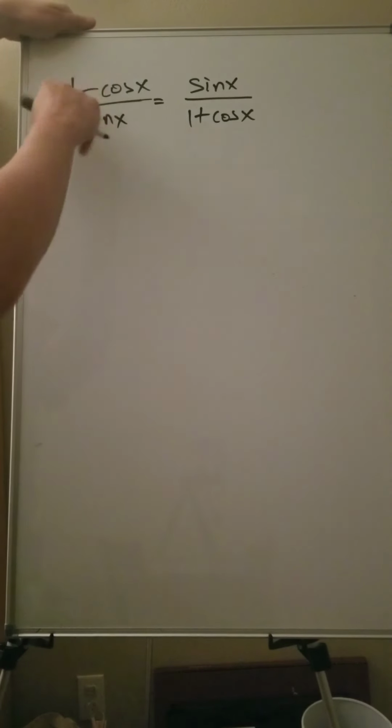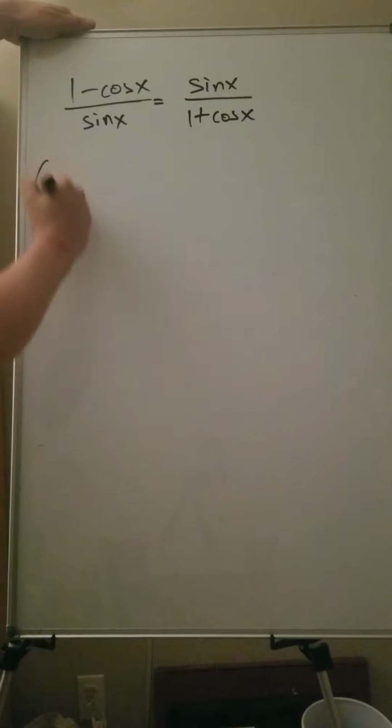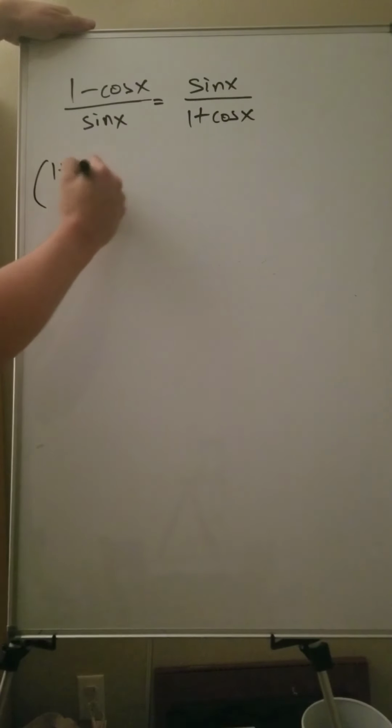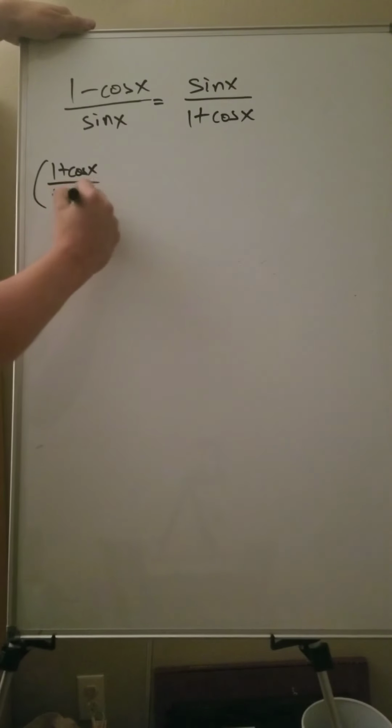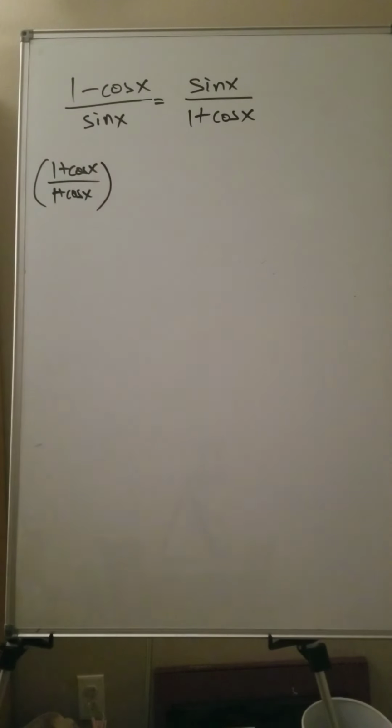So if I multiply by the conjugate of 1 minus cosine x, that would be 1 plus cosine x. But again, I'm only allowed to multiply by a form of 1. That way I'm not changing the value of this expression.